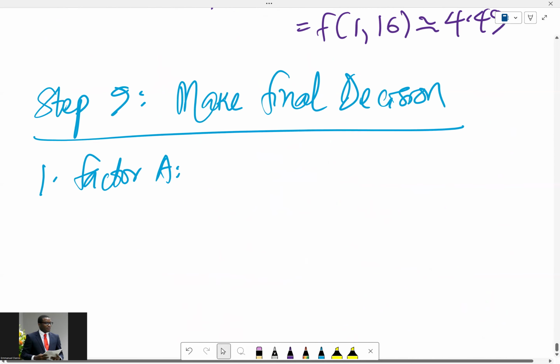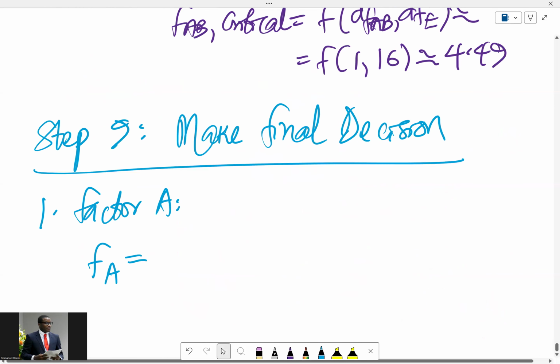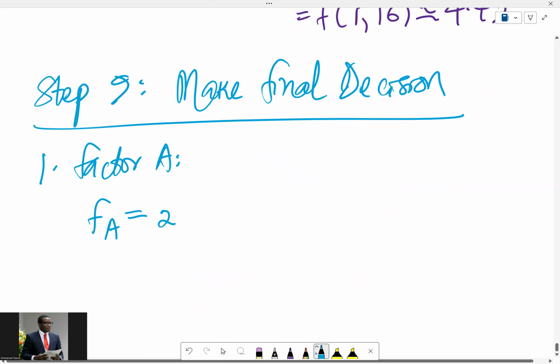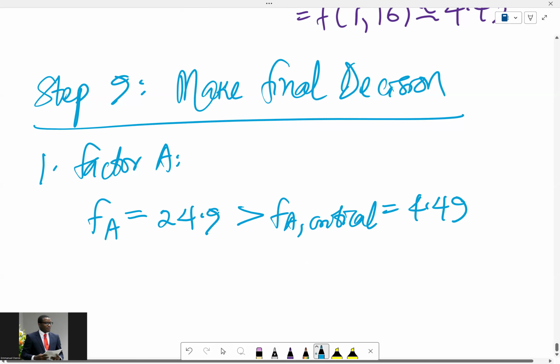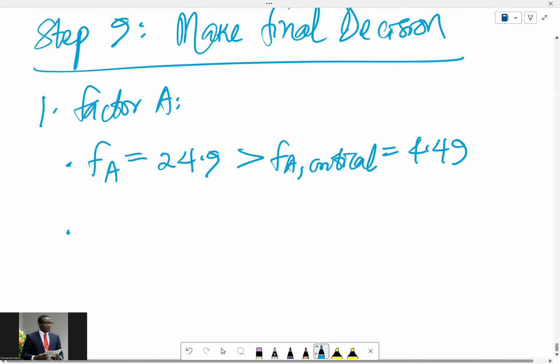So for factor A, FA, which is equal to 24.9, is greater than FA critical, which is equal to 4.49. So what does that mean? Because the test statistic is greater than the critical value, we reject the null hypothesis.